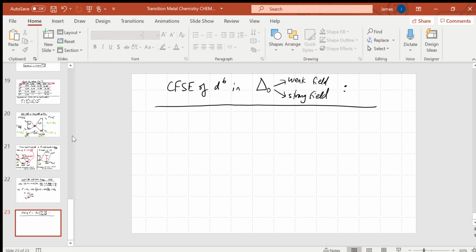So we could have, I guess let's do them side by side. We'll do the weak field here. Weak field, remember, is high spin, and the strong field, remember, is low spin.